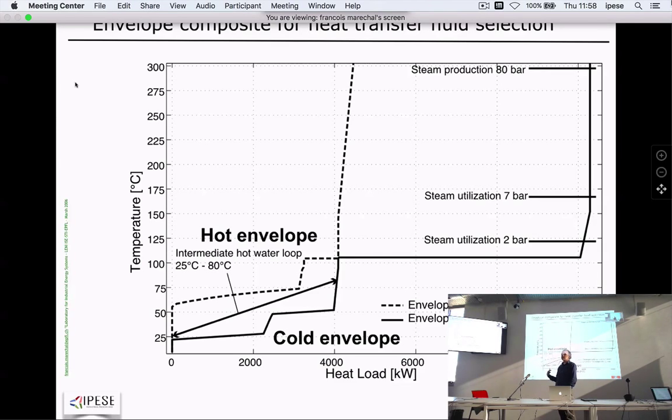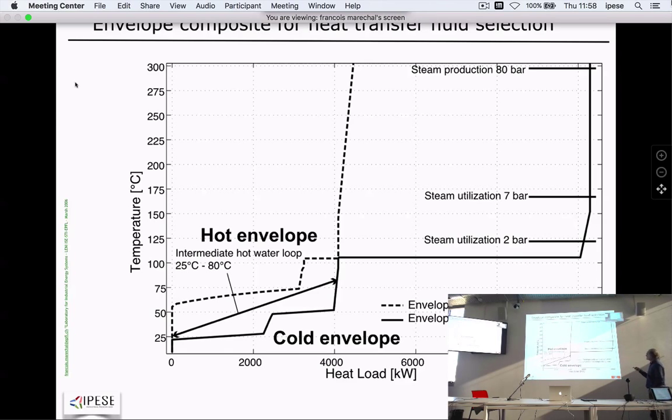So at the same time, I'm not only removing the penalty of the constraints, but I'm also introducing cogeneration. Having the envelope here allows me to define where I have to place the conditions of the steam utilization, for example.